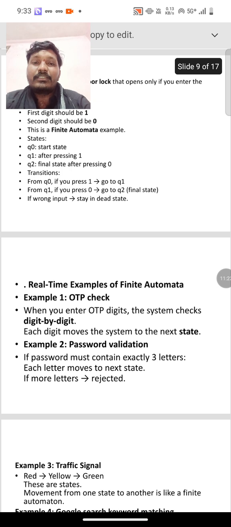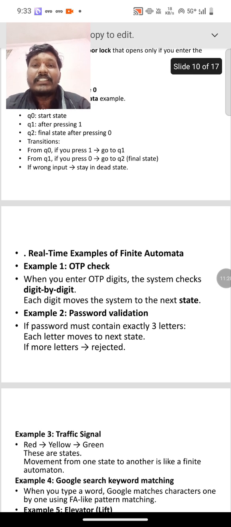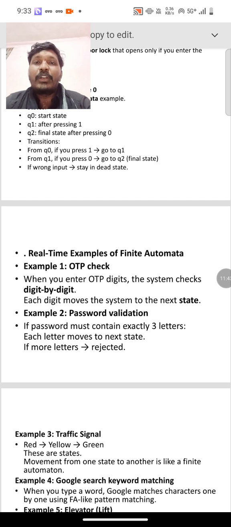In a real world scenario, we can take the OTP check. When you enter OTP digits, the system checks digit by digit. Here the finite automata contains a read head. It reads one symbol at a time, from left to right.